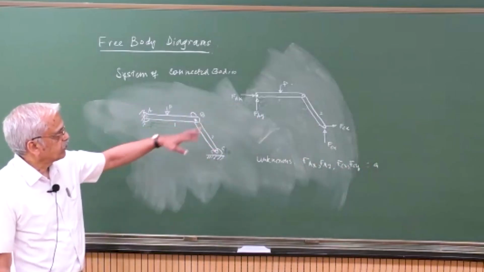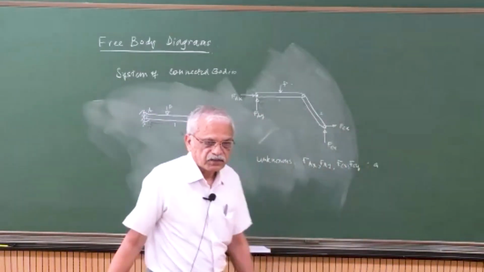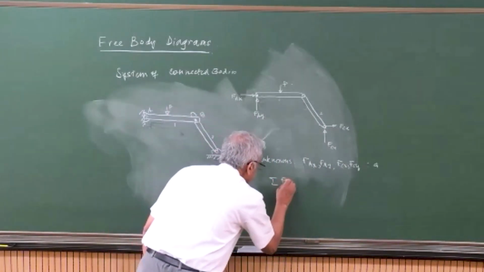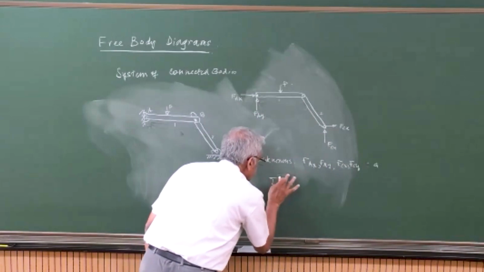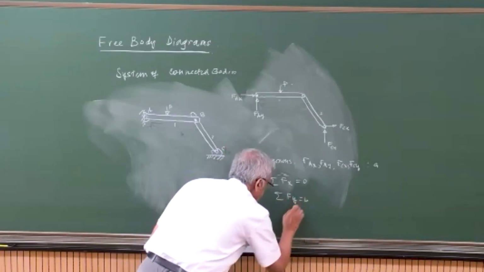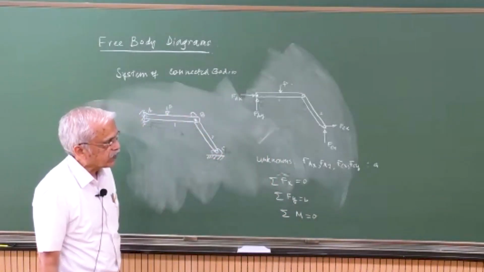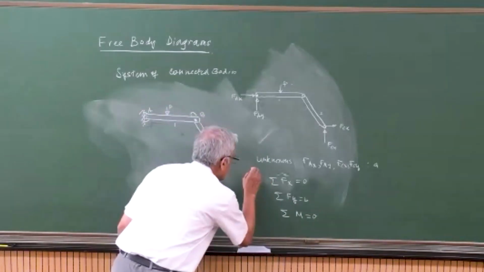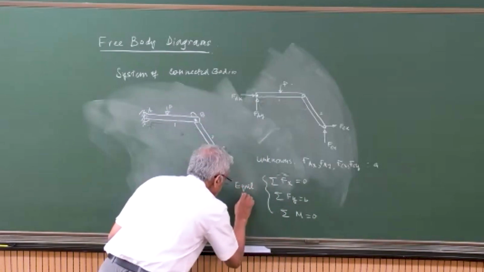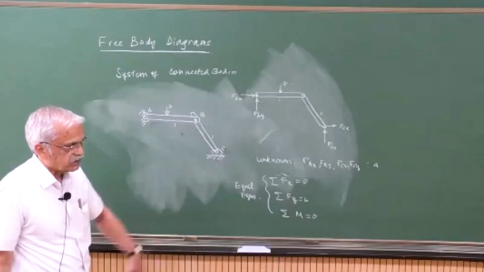If we invoke the equilibrium equations for the two-dimensional body, how many do we get? We get 3: sigma Fx is 0, sigma Fy is 0, and sigma M is 0, right? So you have only 3 equations, but you have 4 unknowns.